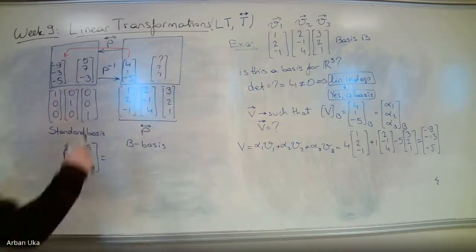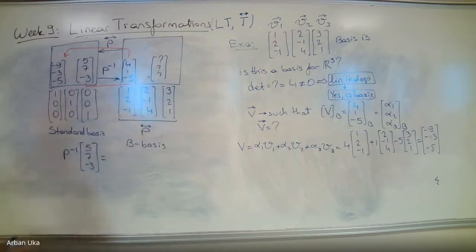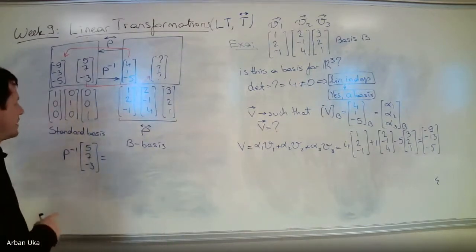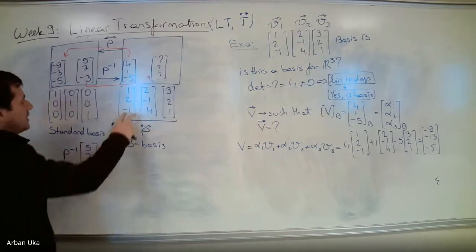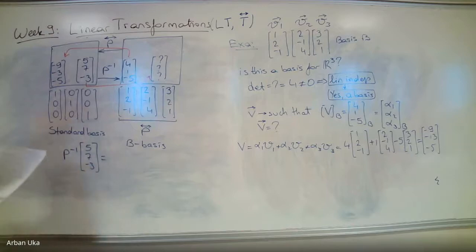So we want to move it this way. This is the question that we're going to formulate into changing the basis from one basis to another. The P, we know the P. Now we need to find the P inverse and we multiply it.